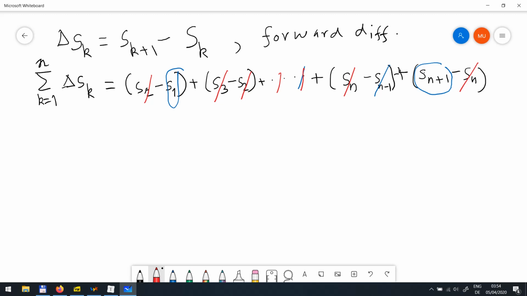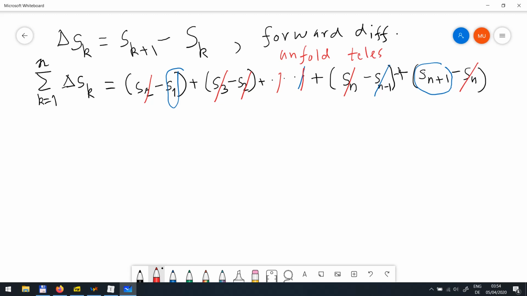Now you will see why I use the term telescoping, because when you go from one term to the next, each time part of that term will cancel out a part of the next term, and part of that will cancel out a part of the next term, and so on. So it looks like you are unfolding a telescope.